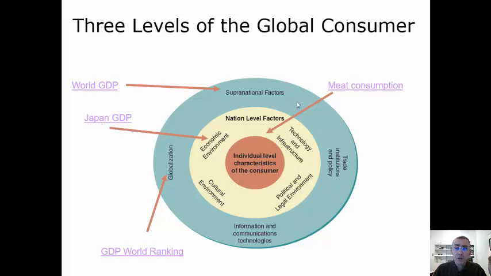And then we're getting into the outer layer, right? So this is the supranational factors, the factors outside the nation, right? What's happening outside. So globalization, of course, plays a huge role, information communication technologies, and trade, institution, and policy. I'll update you a little bit on the trade climate with this slide.